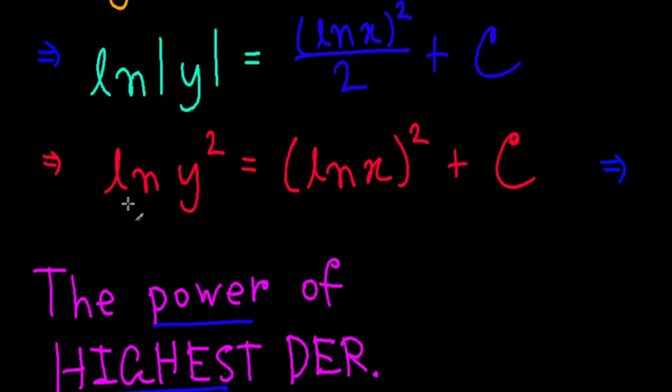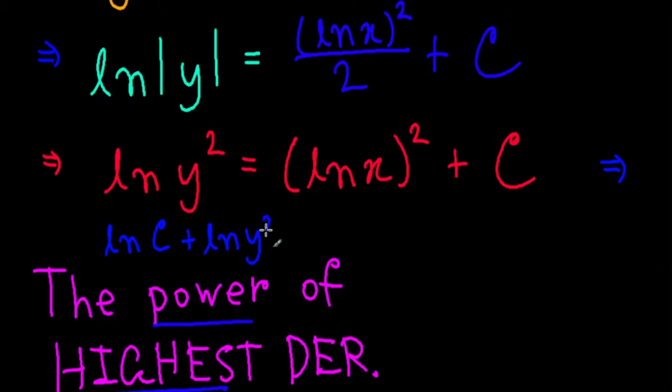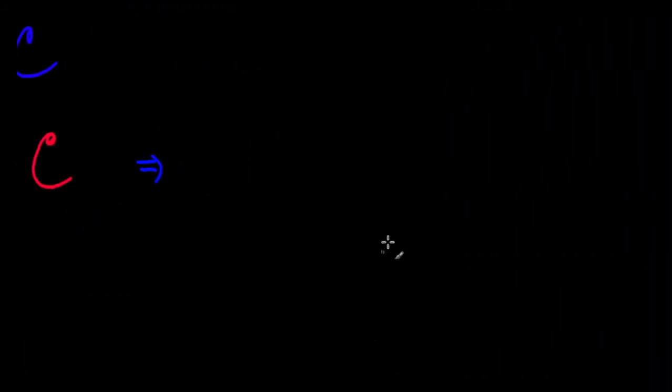And when you have natural log of c plus natural log of y squared, this is basically going to be equal to, according to our log rule, some constant. Again, I'll just write k here, but it really doesn't matter. It's just some constant k multiplied by y squared, all inside the natural log. So you could say this is the most concise form that you can get with this equation.